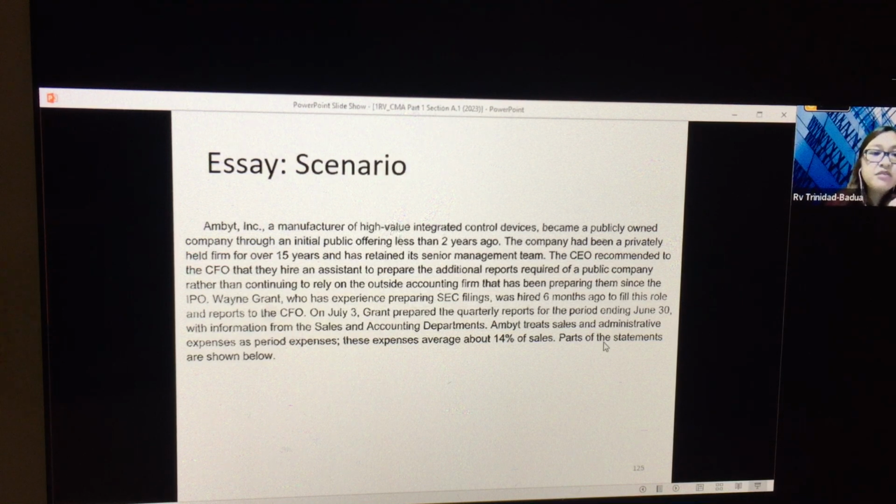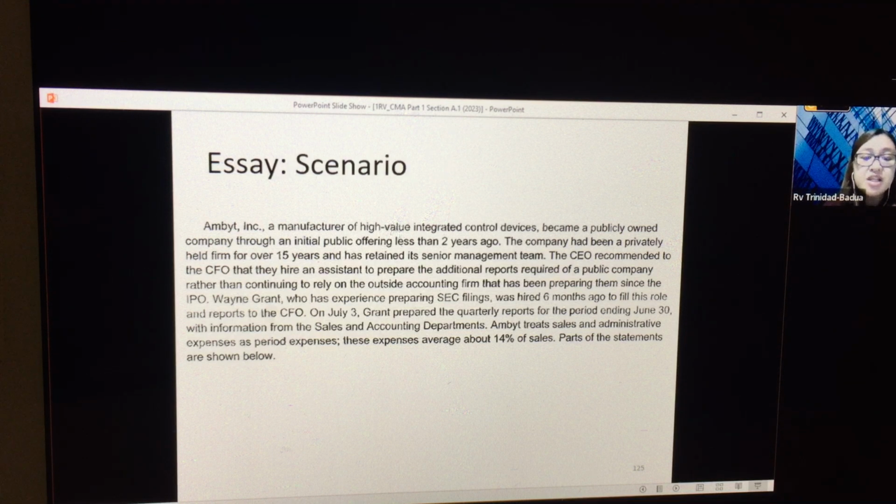Ambit Incorporated, a manufacturer of high-value integrated control devices, became a publicly owned company through an initial public offering less than 2 years ago. The company had been a privately held firm for over 15 years and has retained its senior management team. The CEO recommended to the CFO that they hire an assistant to prepare the additional reports required of a public company, rather than continue to rely on the outside accounting firm that has been preparing them since the IPO.